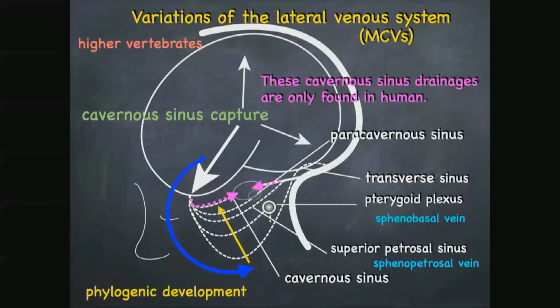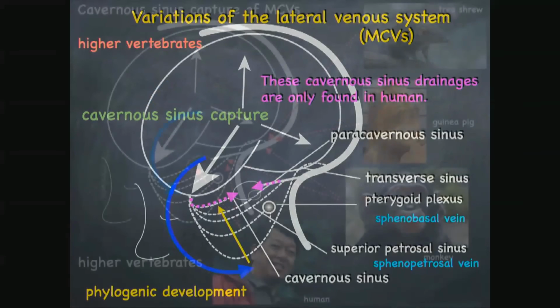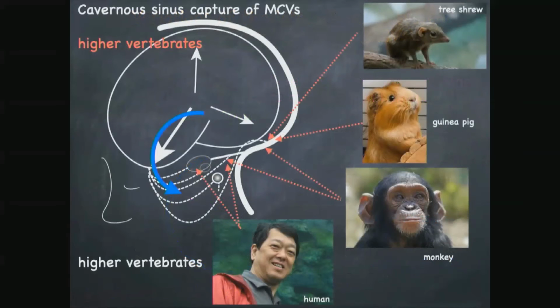Interestingly, cavernous capture from the Sylvian vein, and also the medial superior petrosal vein, is found only in man. And this is a search among higher vertebrates, and only humans can direct the venous flow to the cavernous sinus.